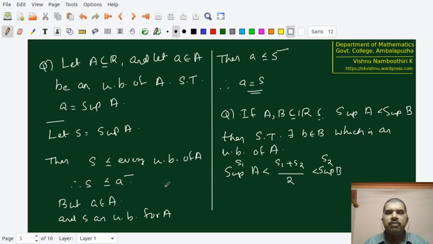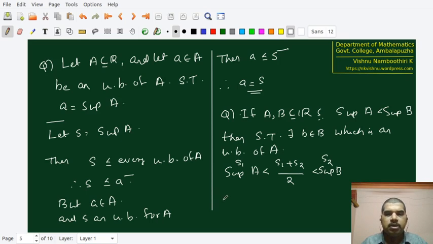So we have found one element, (S1 plus S2) by 2, between the supremum of A and the supremum of B. Now (S1 plus S2) by 2 is strictly less than the supremum of B. Therefore, can it be an upper bound of B? That's the question. Because the supremum of B is the least upper bound, (S1 plus S2) by 2 cannot be an upper bound of B.